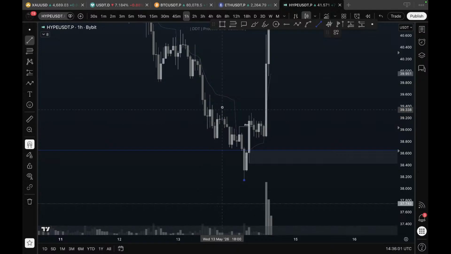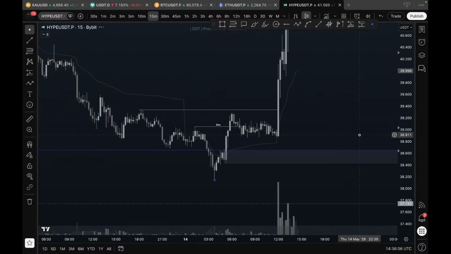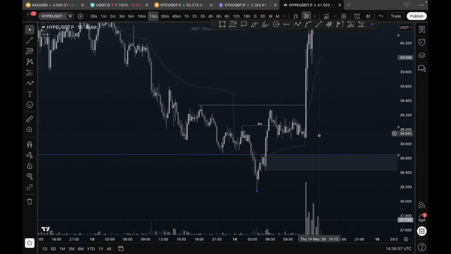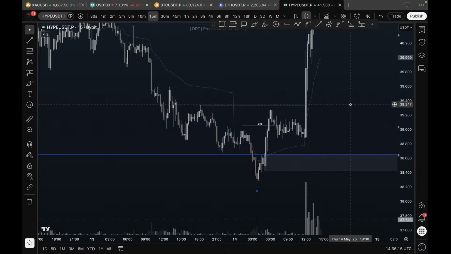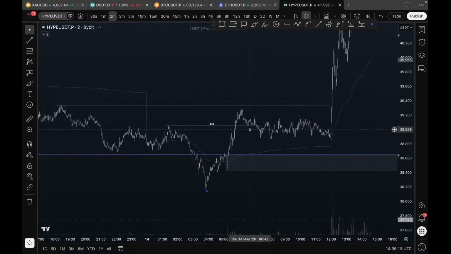No, on the hourly, this was the level. So we only had a 15-minute break and we had demand left behind. So my main level to look was a retest of that range low and then go. But I shared it in the group already as well.